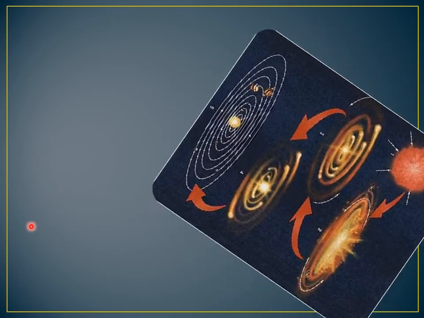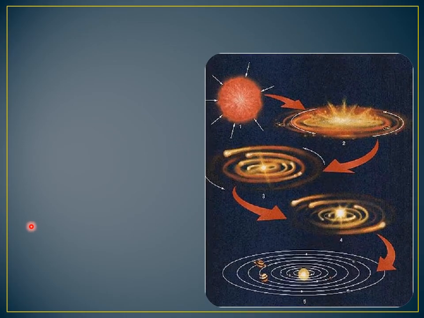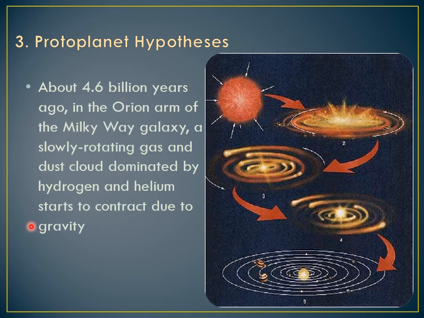Let's talk about the last hypothesis. This is the protoplanet hypothesis, and this one is currently the accepted hypothesis on the origin of the solar system. According to this, about 4.6 billion years ago, in the Milky Way galaxy, there was a slowly rotating gas and dust cloud dominated by hydrogen and helium, and it started to contract due to gravity.